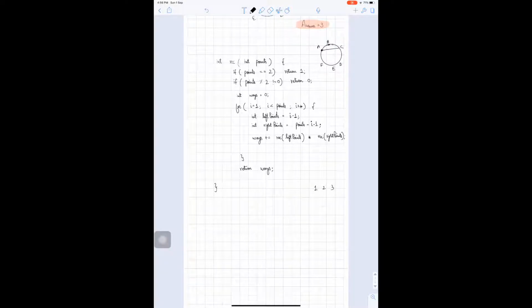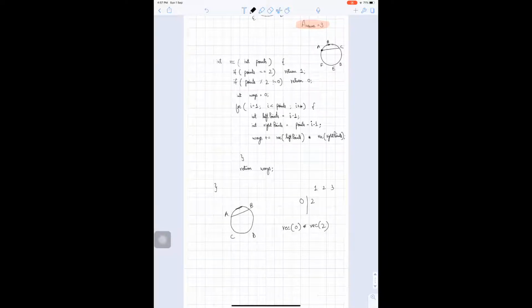So left point is 0 and right point is 4 minus 1 minus 1, that is 2. So that means that we are recursing with the value 0 and then we are recursing with value 2, which is as good as we joined A and B. On the left side there are 0 points and on the right side there are 2 points. So what we are doing is recursion 0 multiplied by recursion 2.